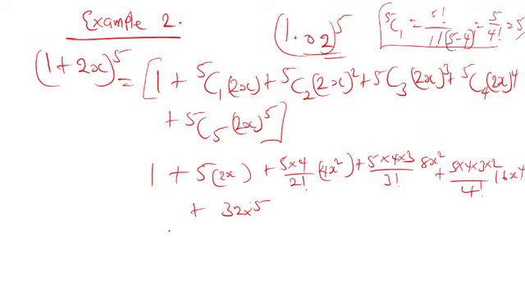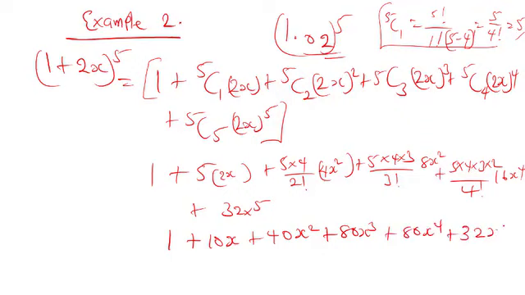So our equation becomes 1 plus 10x plus 40x squared plus 80x cubed plus 80x raised to the power 4 plus 32x raised to the power 5. Now this is the equation, but remember we want to solve the value of 1.02 raised to the power 5. Now let's apply our master equation into it.